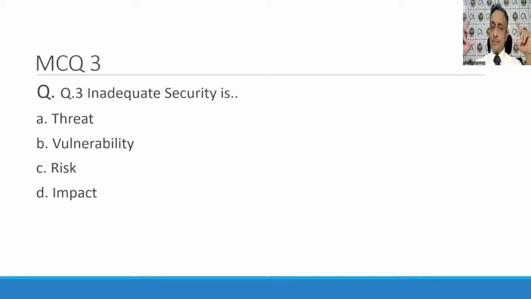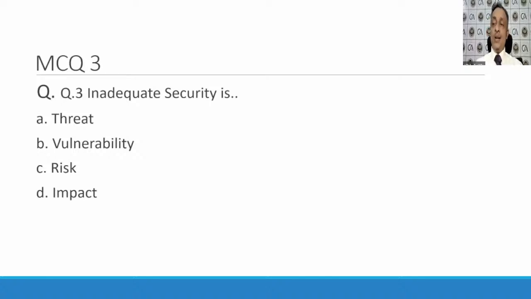Now, if I say that the door to the right side is open, that is basically a weakness. That is, the door to the right side is open. This weakness is what we call vulnerability.